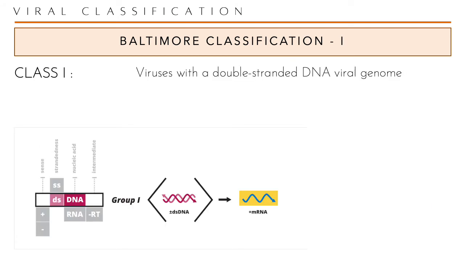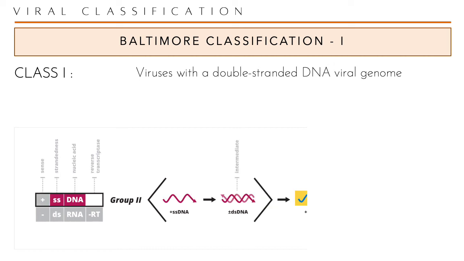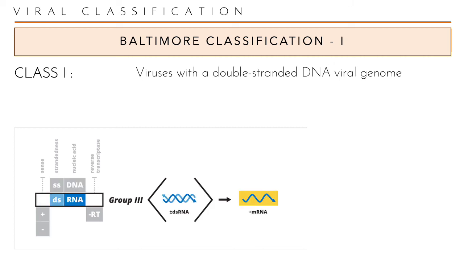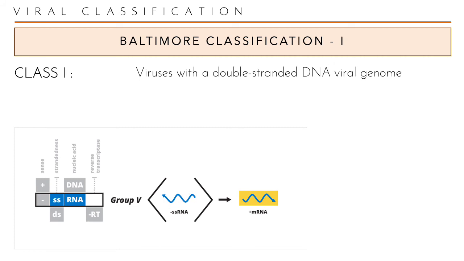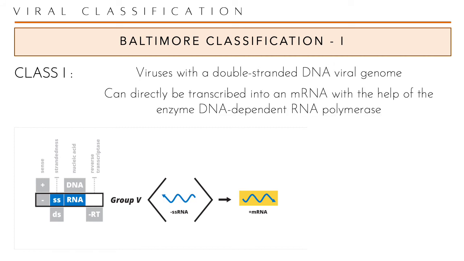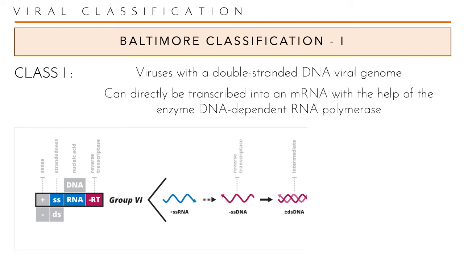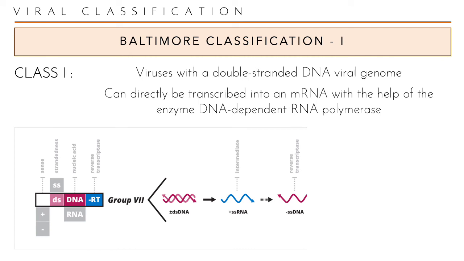With class 1, you start with a double-stranded DNA viral genome, right? This is basically what we have. I used a GIF for this. What we have in our bodies, in our eukaryotic cells, would be the DNA double helix. So we know that this DNA genome, the double-stranded one, can directly be transcribed into an mRNA with the help of the RNA polymerase.